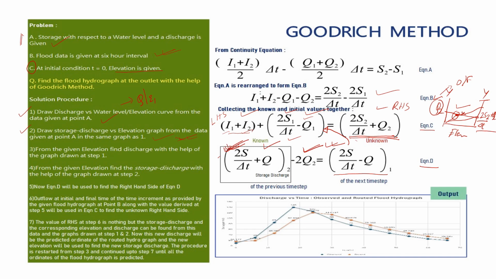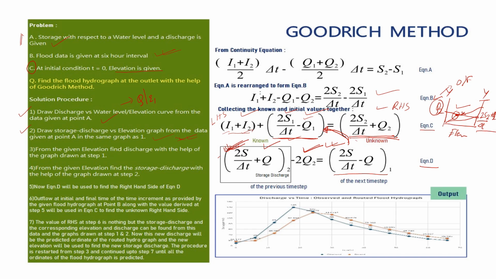By deducting 2Q2 from this RHS data, we get the 2S by del t minus Q data, this term of equation C. So from this we get this, and when I add I1 plus I2 to this value, what I get is 2S2 by del t plus Q2, which was unknown in equation C.